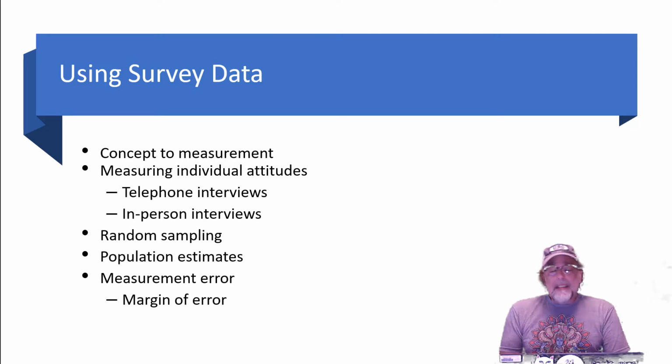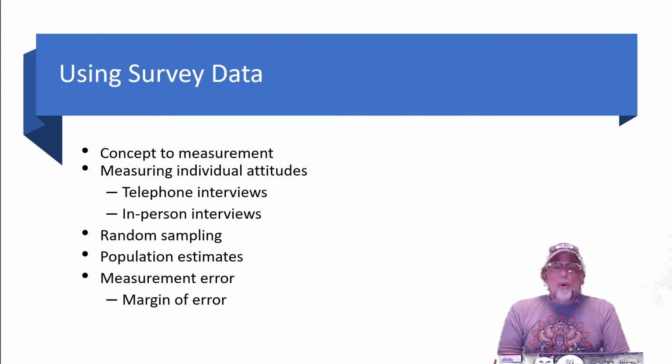One of the advantages there is that in-person interviews, people tend to be more truthful when they're face-to-face with an interviewer. The problem with in-person interviews is that they're very expensive.